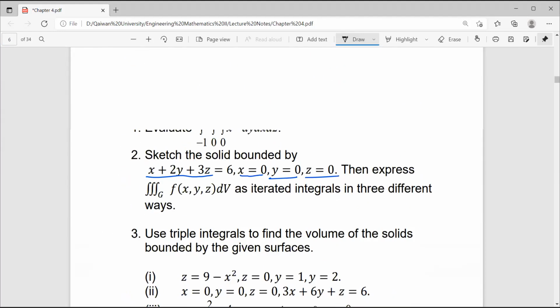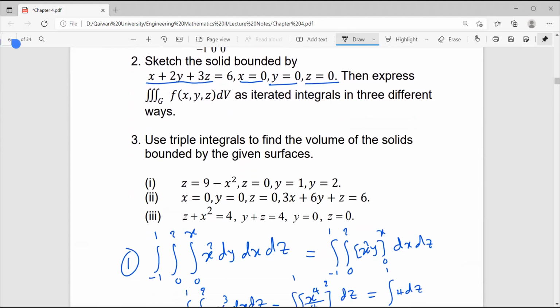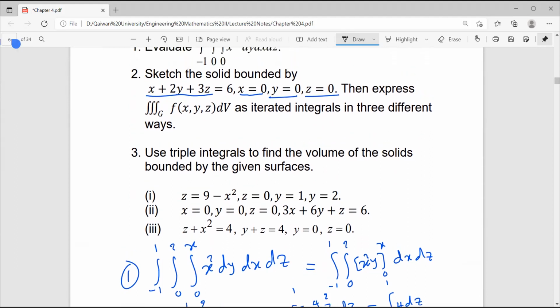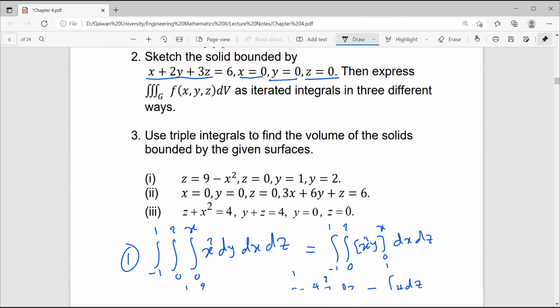Let's do the next example. It depends on the question. Here, it needs only 3. If it asks for all the types, you should write down all. But it's so easy. It's only asking about writing down the triple integrals, not calculating them.